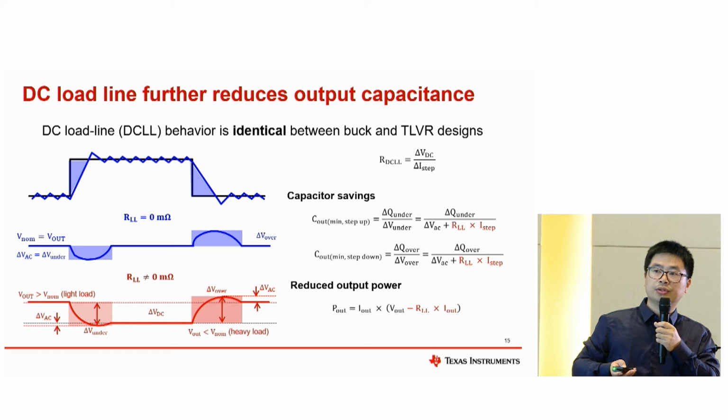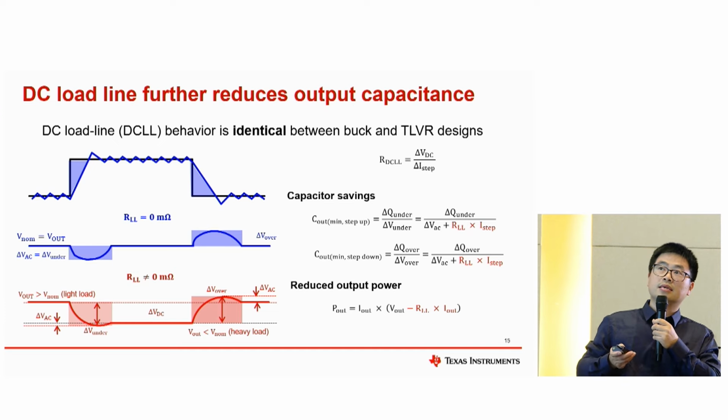So all we can see is that the undershoot for these two is the same. So we can get that this differential voltage from this to this will be smaller than this one, right?